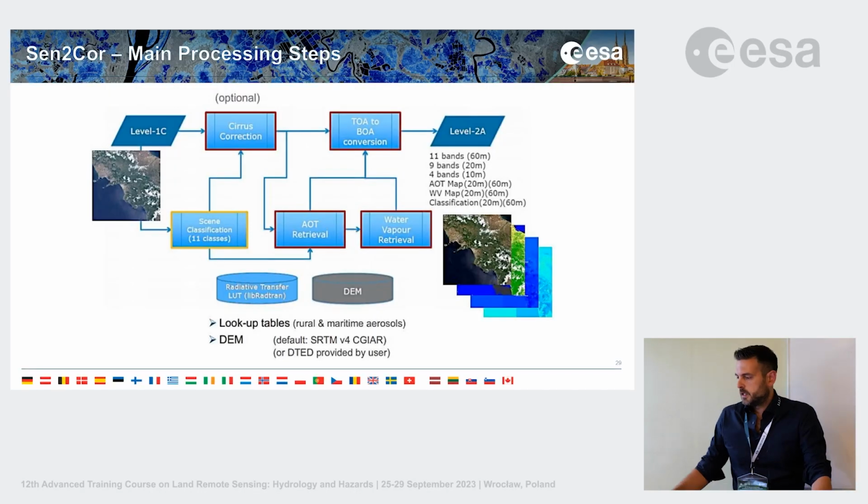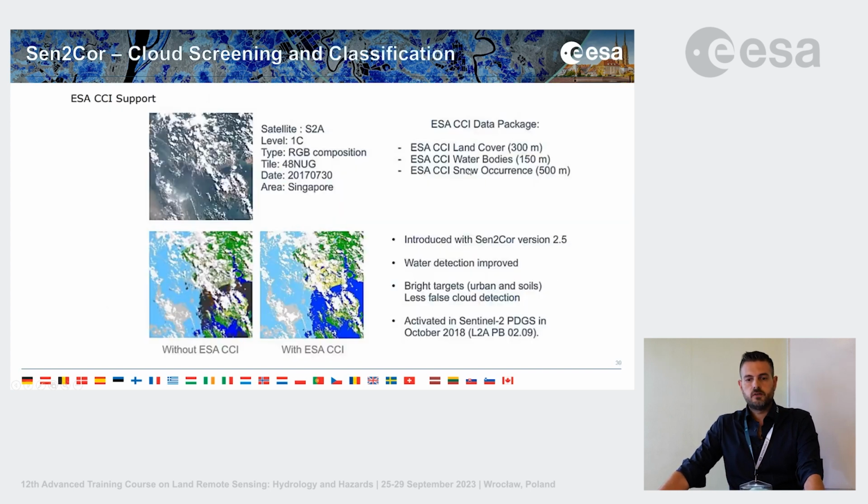So the other pre-processing steps are the reprojection. If you have, in a time series, a stack of images from several sources, maybe the coordinate reference system is different. So you need to reproject to a common CRS.